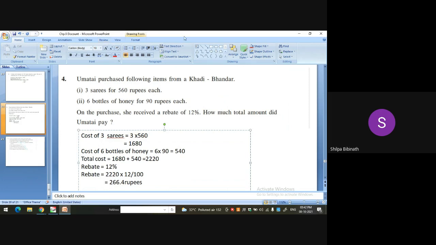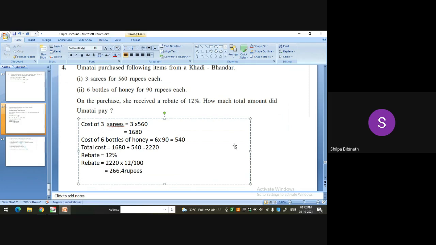Then what are you going to write next? On purchase, how much total amount did Umatai pay? Write there total amount paid by Umatai is equal to, how will you calculate, what was the total cost? 2,220 was the bill, and from that the shopkeeper is giving a rebate of 12%, so he will deduct 266.4.